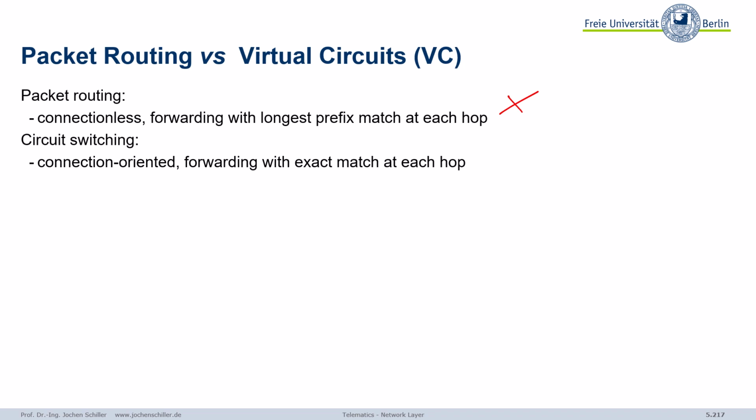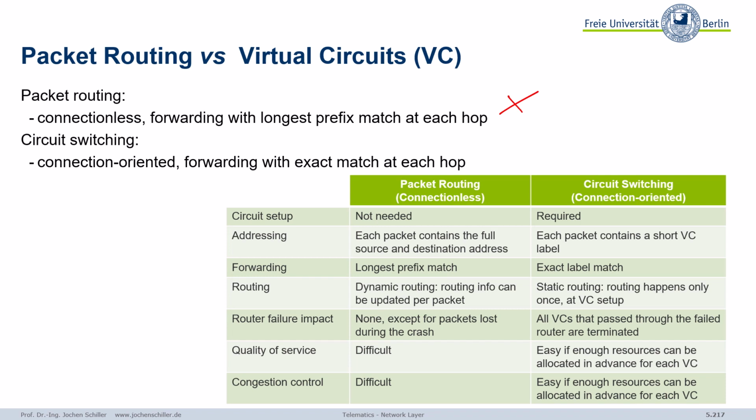There are advantages and disadvantages for both. So the classical telco way, in former times, telephone network operators, they used circuit switching, connection-oriented circuit switching. That's also what the older mobile phone networks used. So they first had this setup phase, and then you labeled the connection with a short label.